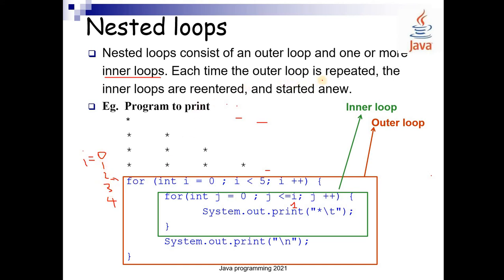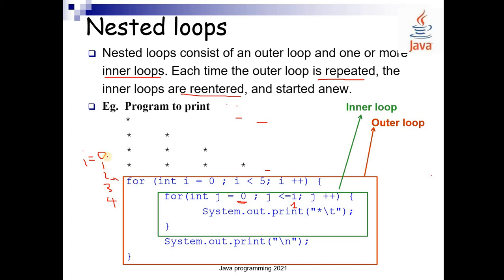So every time this outer loop is repeated, the inner loops are reentered. Every time you take one of these iterations, the inner loop will be executed as well, and the value of the loop counter will always start from 0.